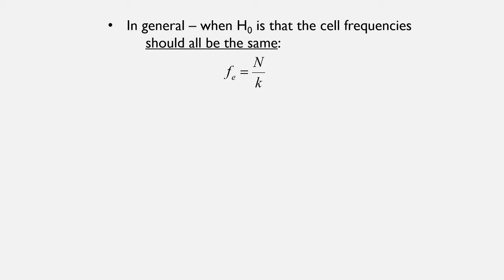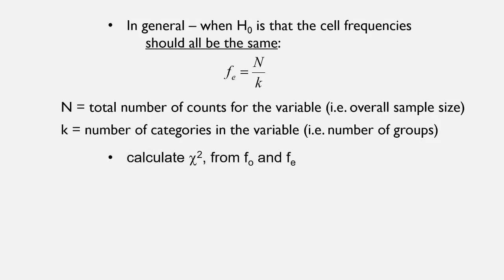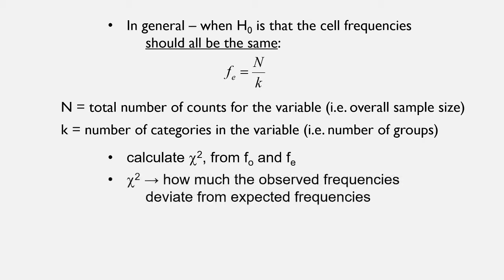So we've seen this notation k before. It's the same here. It represents number of groups. Okay, so n is the total count of people in your sample size. K is the number of levels of the variable, i.e. the number of groups. And the idea is we're going to calculate our chi-square statistic by evaluating the extent to which observed frequencies differ from expected.